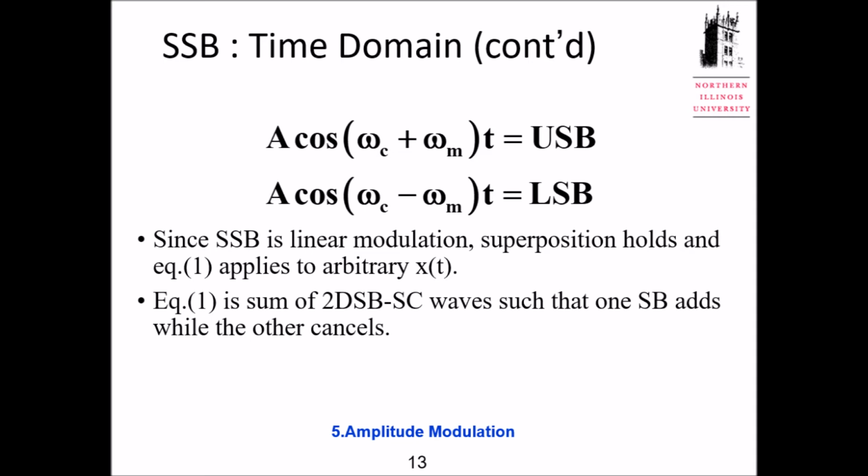So we have two double sideband suppressed carrier signals added together. We can get one sideband cancelled and get the other sideband. This is method number 2 for generating single sideband. Any problems, any questions?